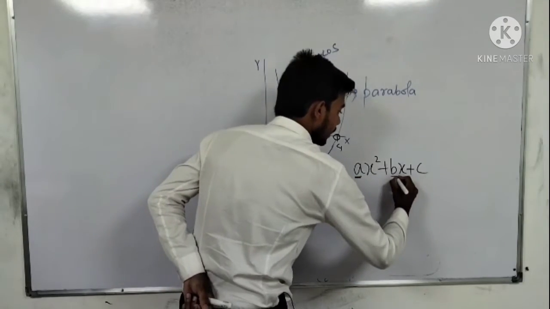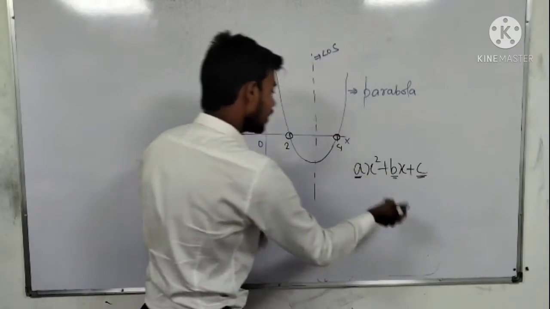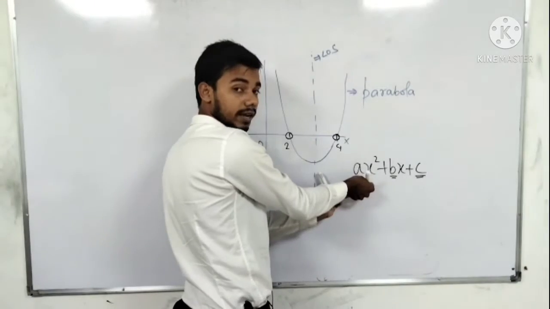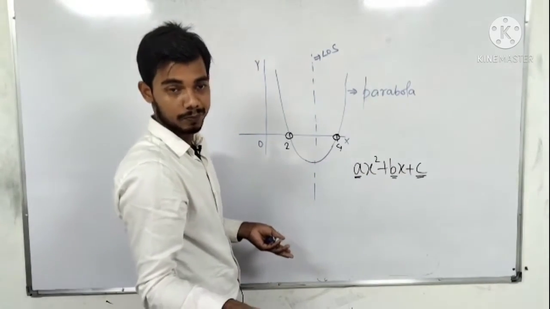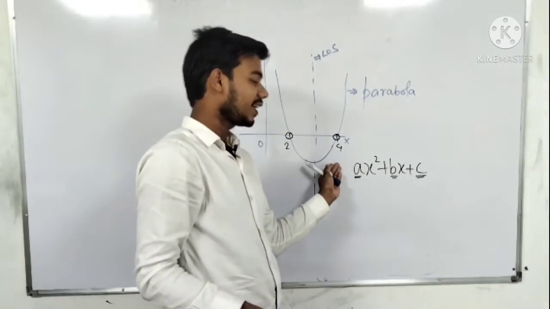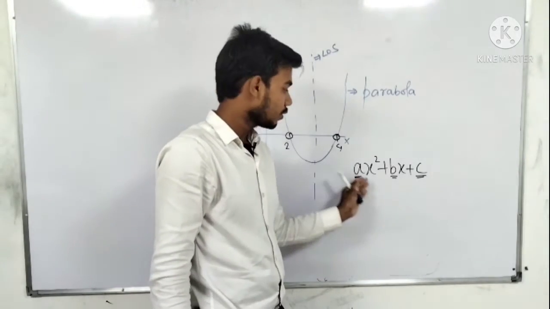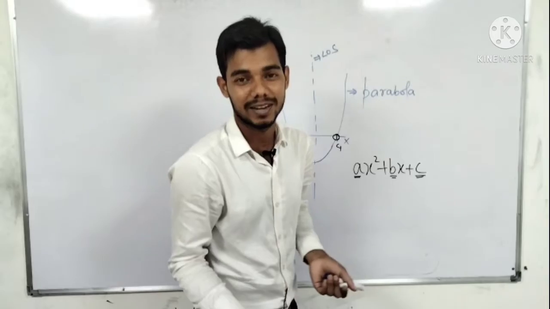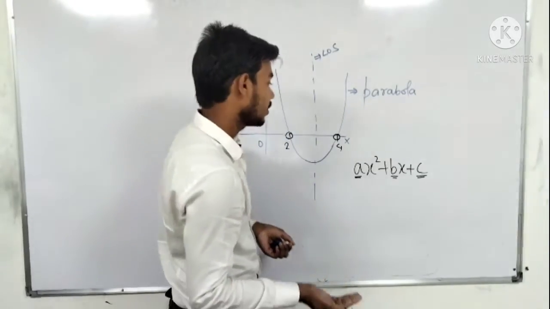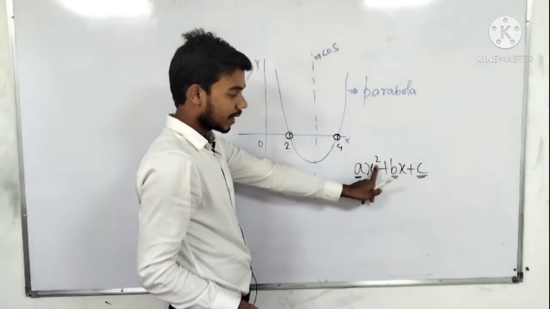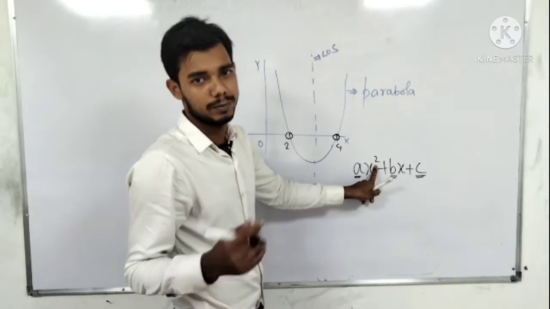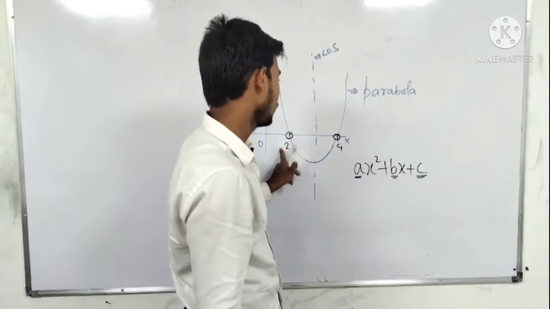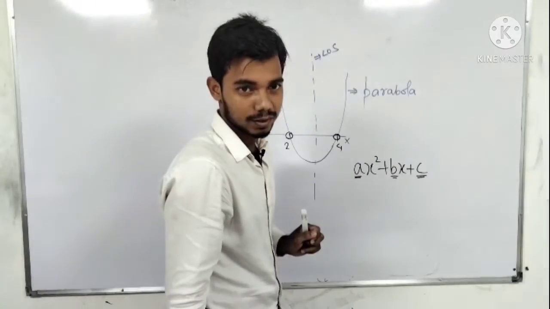Now a, b and c will be such that if you put 2 in place of x, it vanishes, that means the result comes out to be 0. Similarly, if you put 4 in place of x, the result will also vanish. And of course, the degree of this quadratic polynomial is 2, and the zeros are 2 and 4.